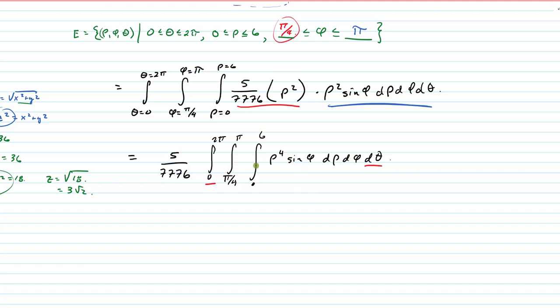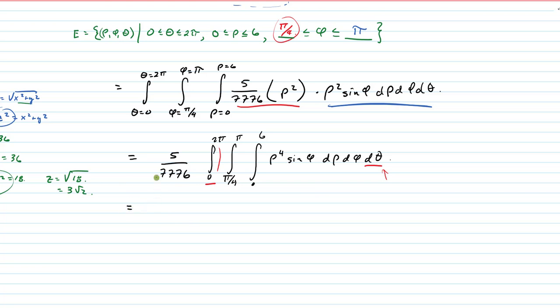There's no way that a theta expression is going to show up in the first two iterations of integration. Because of that, we can say that all of this expression is just a constant as far as theta is concerned. And when you integrate a constant over an interval, you simply get the length of the interval. So I can go ahead and pull out the length of that interval, which is 2 pi.